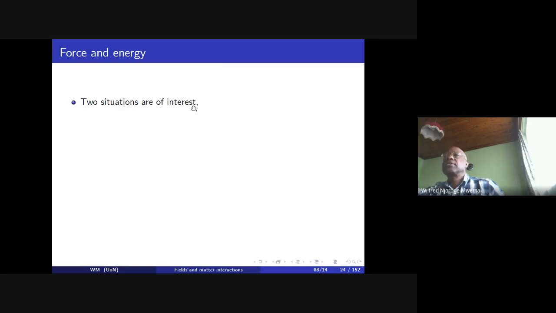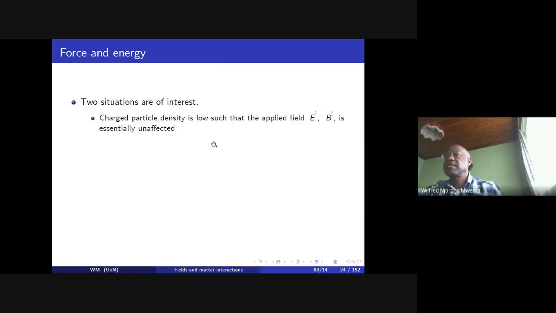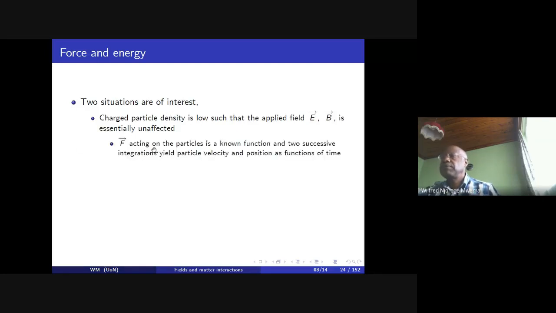Two situations will be of interest to us. One, the charged particle density is very low, such that the applied field E and B is essentially unaffected by the presence of the charged particles. Then the F acting on the particles will be a known function, and two successive integrations will yield particle velocity and position as functions of time.